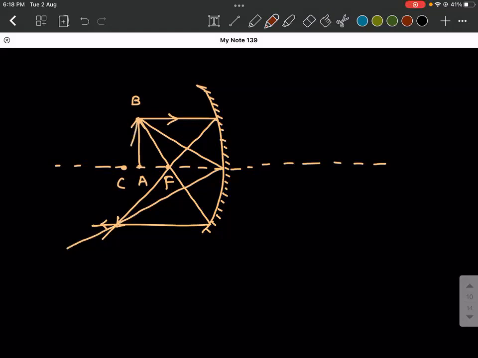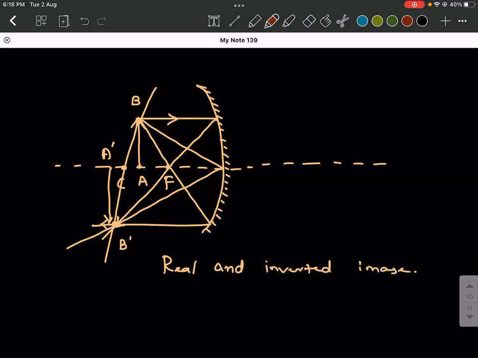And if I take a ray through the center of curvature, it should retrace its path. So what I'm trying to say is, if I take any of the four conditions of the rays to be drawn here, we will find that the image is located at the same point. So when you locate the position of the image, it will be A dash, B dash, and it will be a real and inverted image. Or I can say real, inverted, and magnified image. Because if you see, the size of the image is more compared to the size of the object.